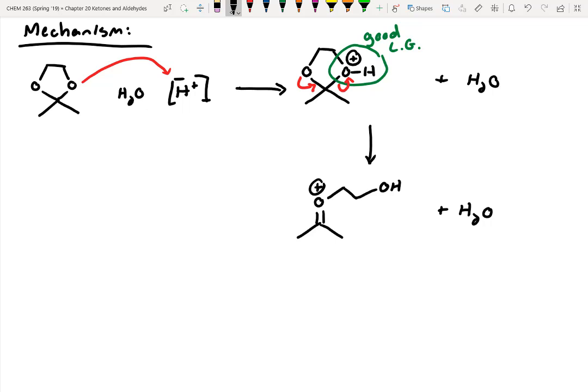What do you think the next step is going to be? Yeah, water is a decent nucleophile, and because that oxygen has a positive charge, that carbon underneath is incredibly electrophilic. So you could show this attacking in, kicking up electrons.